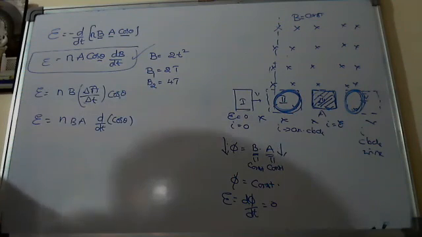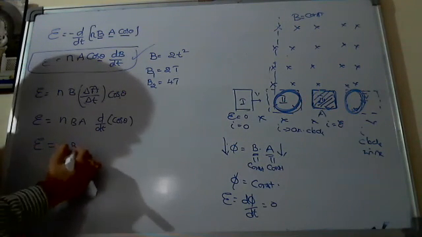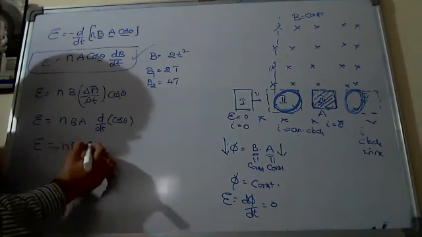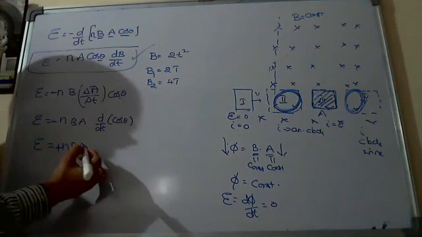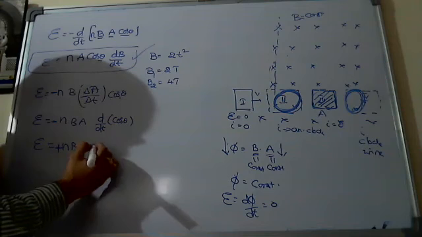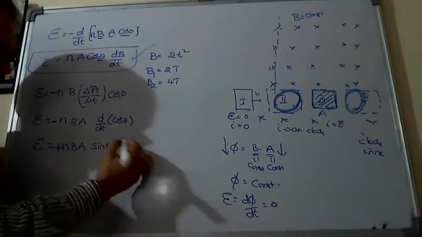That time you have to differentiate. That time you will get E is equal to NBA cos theta, minus, of course this is minus d phi by dt, minus of minus becomes plus, and here NBA cos theta gives sin theta into d theta by dt.